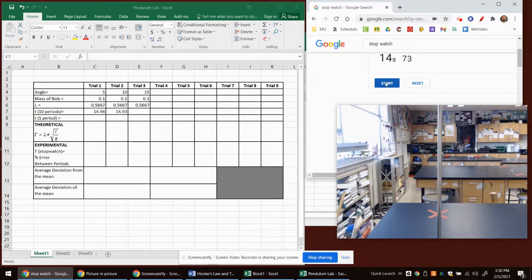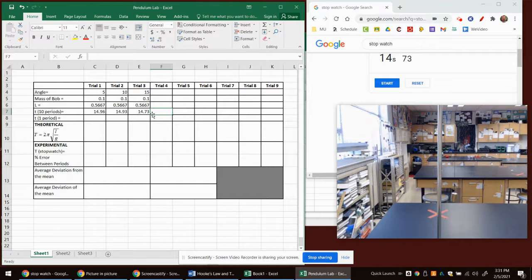I might get a little punchy there, but we'll just go with what's on the screen, 14.73. And so again, 2 tenths of a second error. I'm well within that. Looking at this with 2 tenths on each end, that's 4 tenths of a second of error. These times did not change. The angle had no effect.